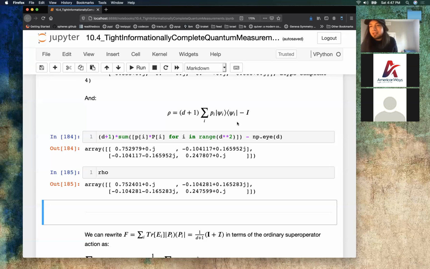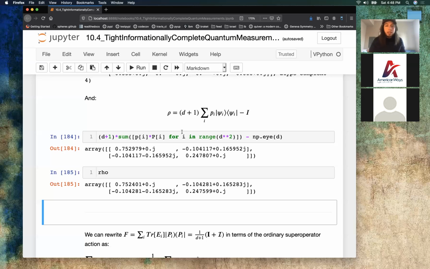Thus we were led to the notion of a tight, informationally complete POVM, which is defined here, where we basically are interested in taking the states, projecting them into the space of traceless operators, and then demanding that we have a tight operator frame for that subspace. If we do that, you can see that we can write the state reconstruction formula in a way that's really, really simple, arguably as simple as you can get, given the fact that a POVM can't be a tight operator frame.